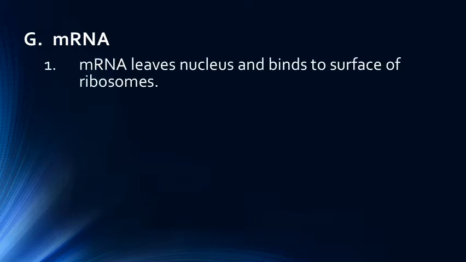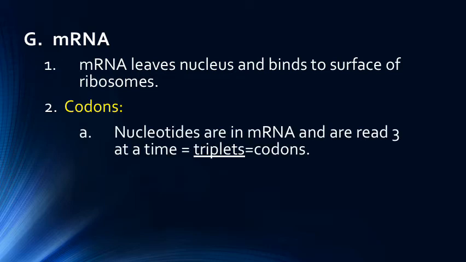So we've made the messenger RNA, we've edited the messenger RNA, and we've put a cap and tail on the messenger RNA. Now the messenger RNA leaves the nucleus and binds to the surface of the ribosomes. Now we have to talk about another term called codons. Codons are simply subdivisions of the messenger RNA.